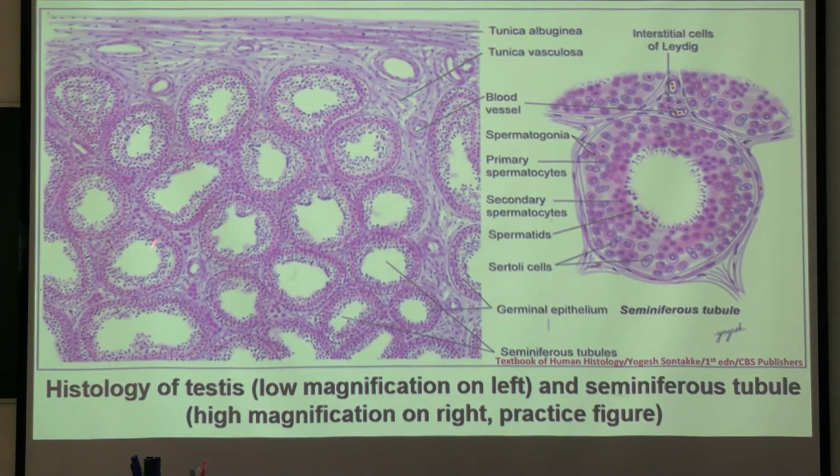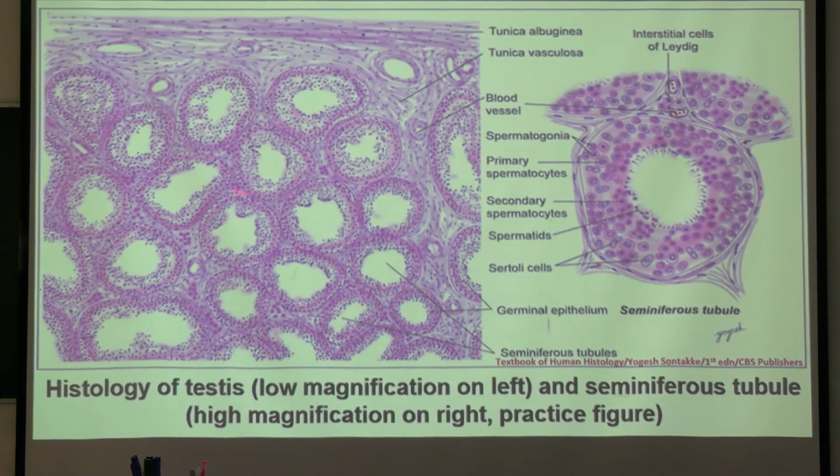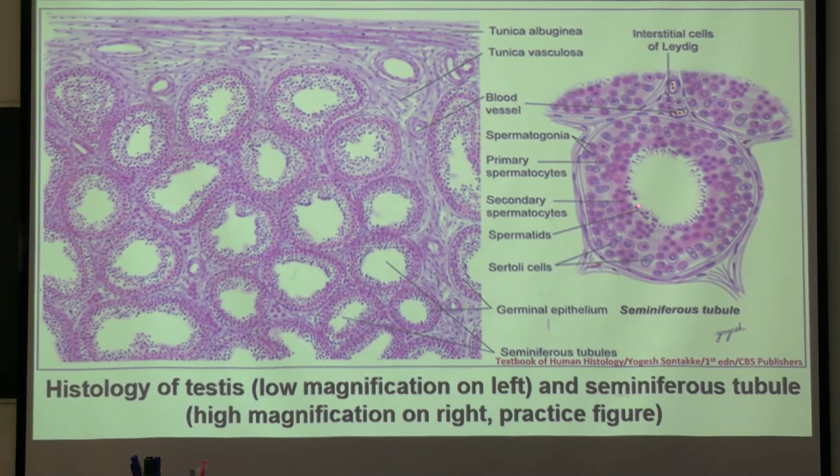In between the sections of seminiferous tubules, you can see these small cells, the interstitial cells of Leydig, and this helps in secretion of testosterone. So here are the interstitial cells of Leydig, sections of blood vessels, sections of seminiferous tubule lined by the seminiferous epithelium, and near the lumen you see these sperms with tails.